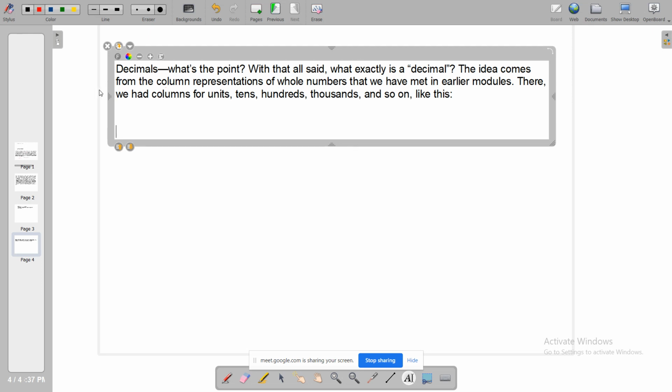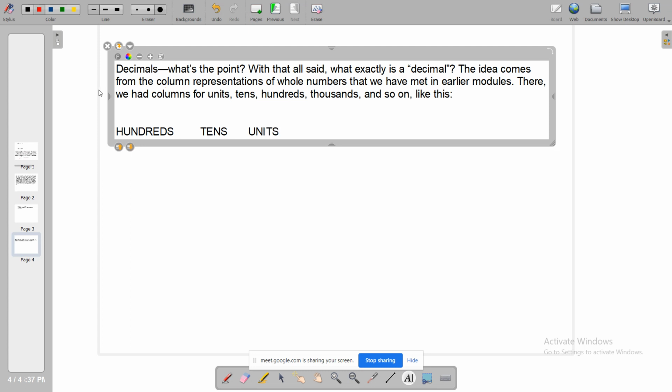So in a nutshell, in a diagram here, we have hundreds, let me space it out, and tens, then we have units.